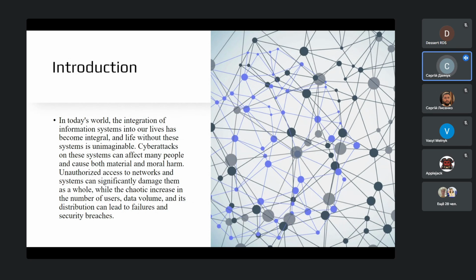Unauthorized access to networks and systems can significantly damage us as a whole, while the chaotic increase in the number of users, data volume, and its distribution can lead to fears and security breaches.